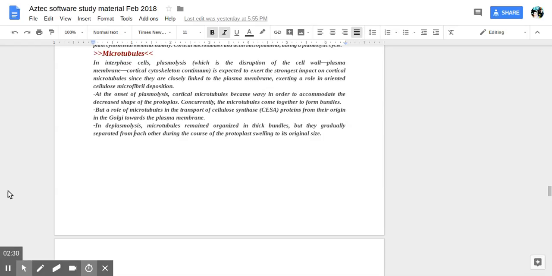The continuum is expected to exert the strongest impact on cortical microtubules, since they are closely linked to the plasma membrane, playing a role in oriented cellulose microfibril deposition. At the onset of plasmolysis, cortical microtubules became wavy in order to accommodate the decreased shape of the protoplast.